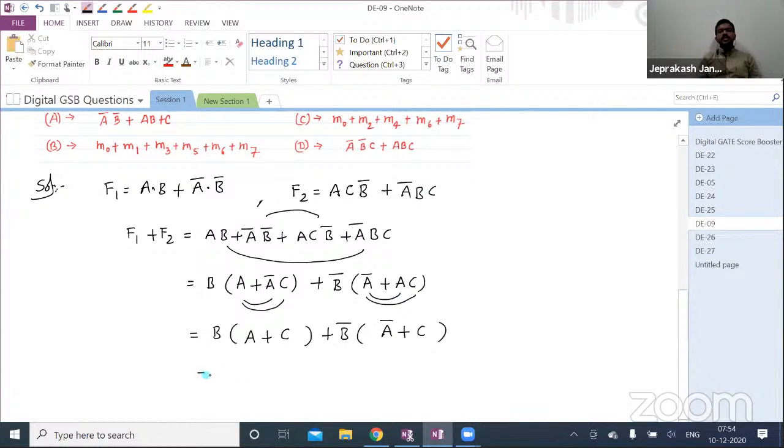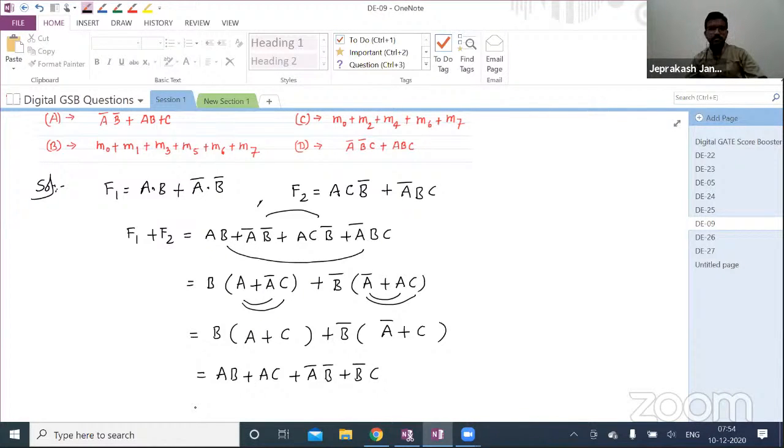Now do further simplification. You will get AB plus AC plus A bar B bar plus B bar C. Sorry, here you will get BC.